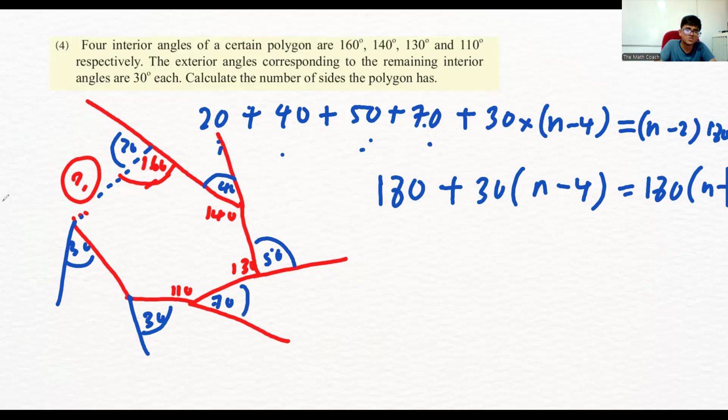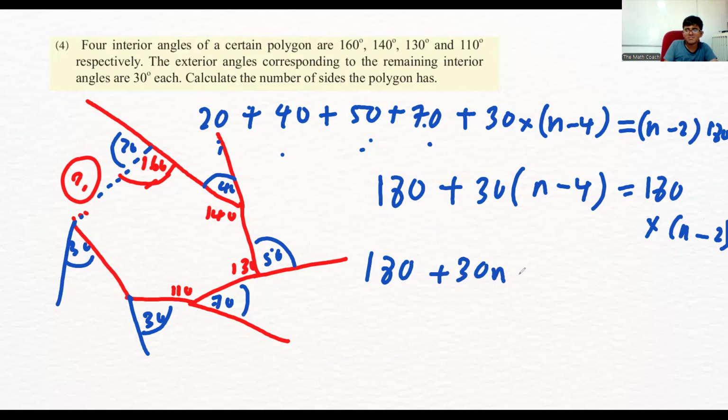Now we can expand this: 180 plus 30n minus 120 equals 180n minus 360. After that, we can simplify this to make it smaller.